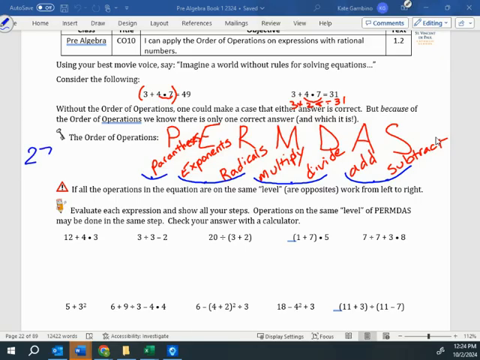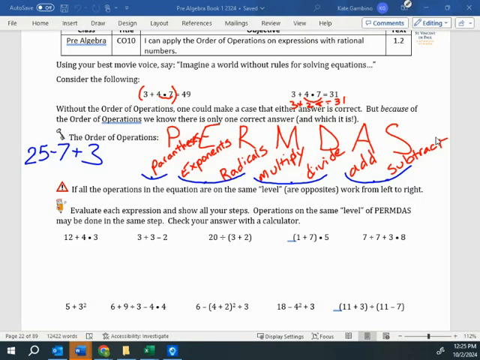we had 25 minus 7 plus 3. What would my answer be? 25 minus 7 plus 3.